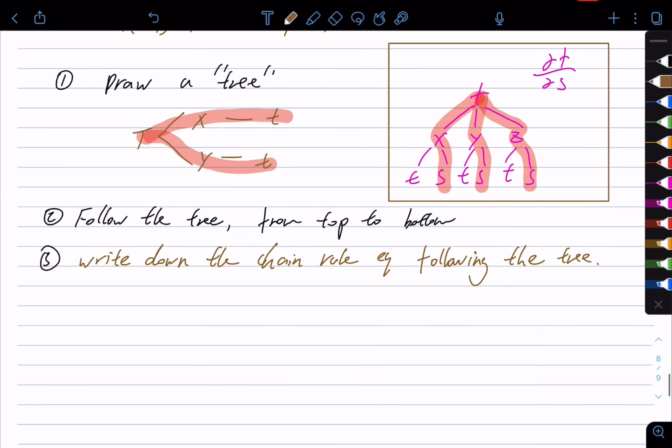What do you mean by that? Let's return to our example. We traced from the top to x and to t.